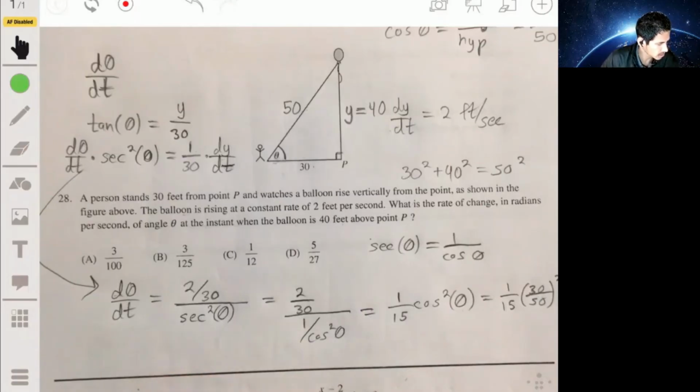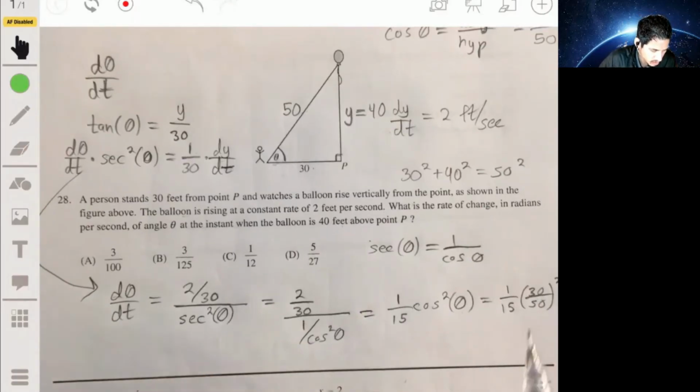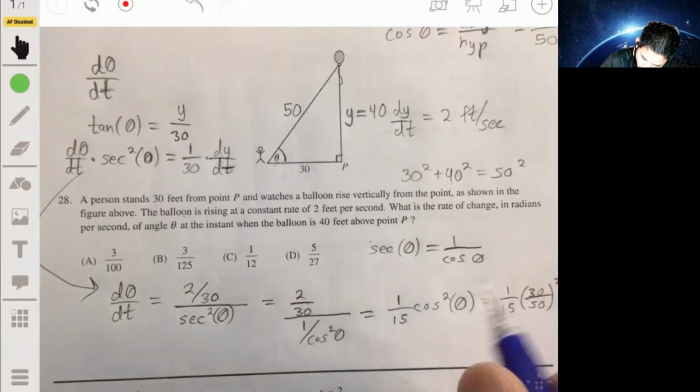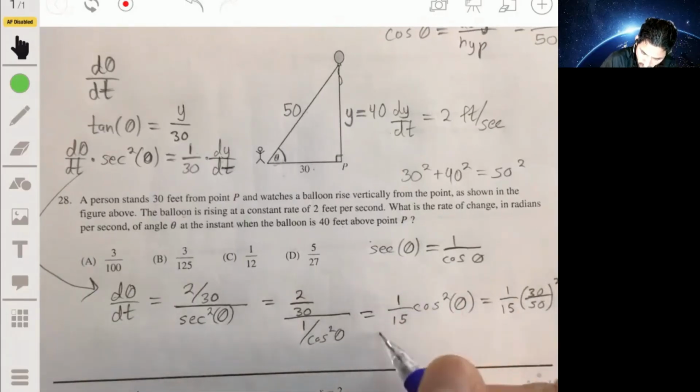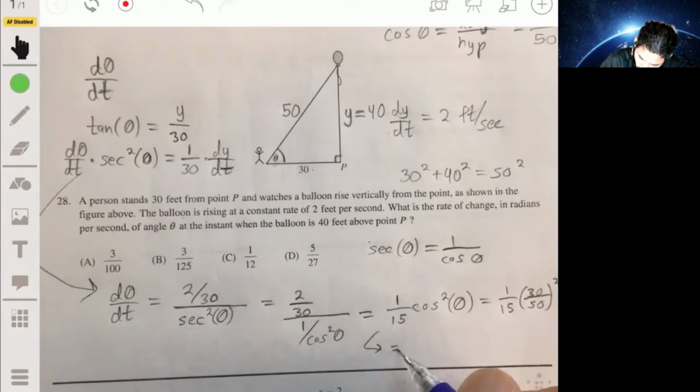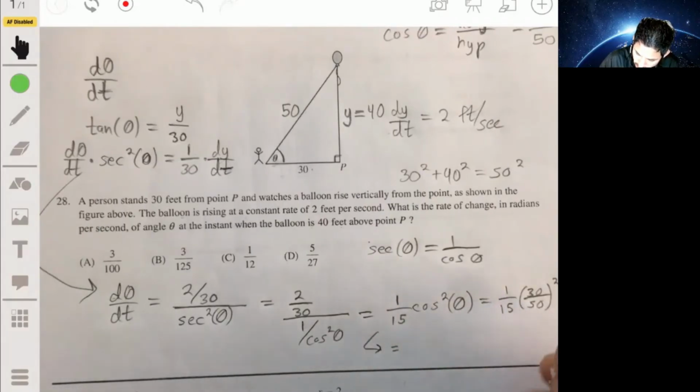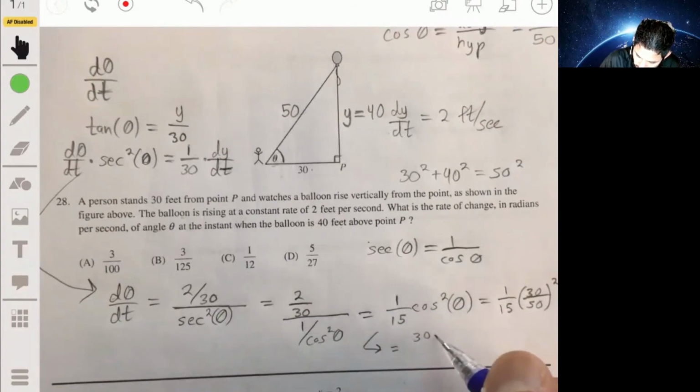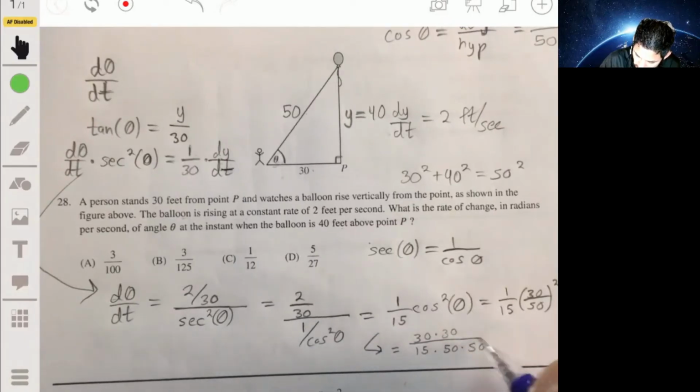And then let's see, so here we can simplify that. We can reduce this: 30 times 30 times 50 times 50, no calculator here.